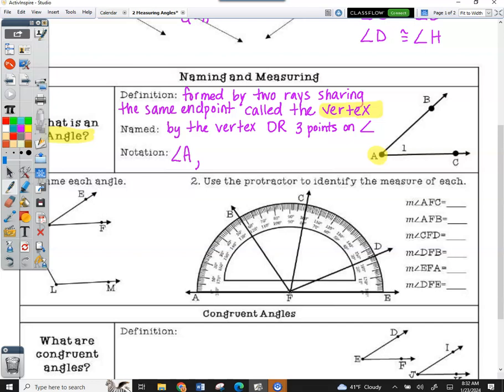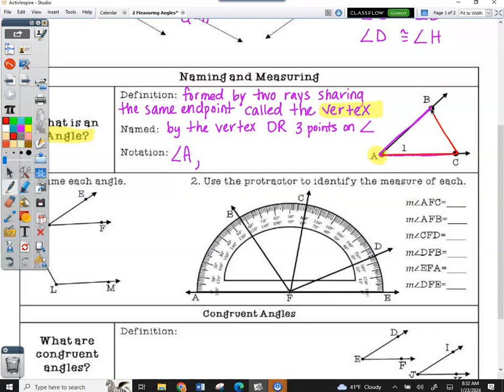Here's what I mean by that. If I wanted to call this B, A, C, that would be allowed. If I wanted to call it C, A, B, that would be allowed. Red means wrong. If I tried to call it A, C, B, I have totally gone off course. You see the difference?